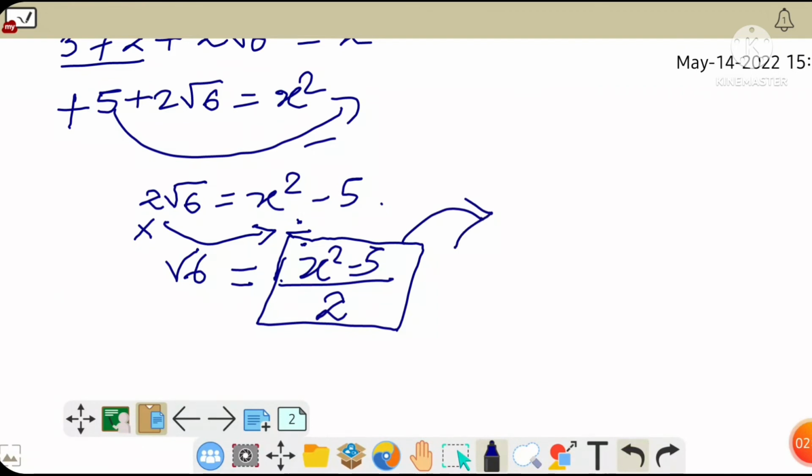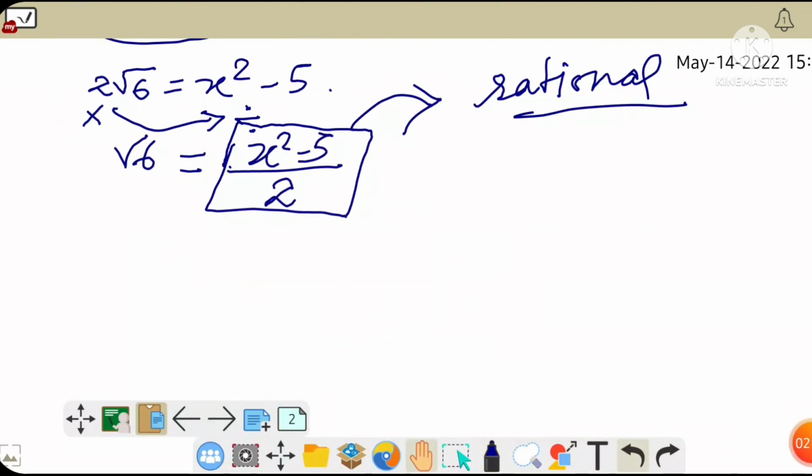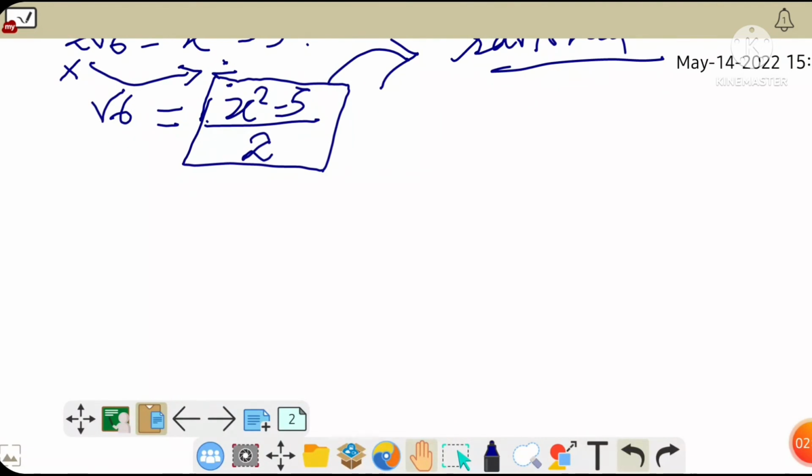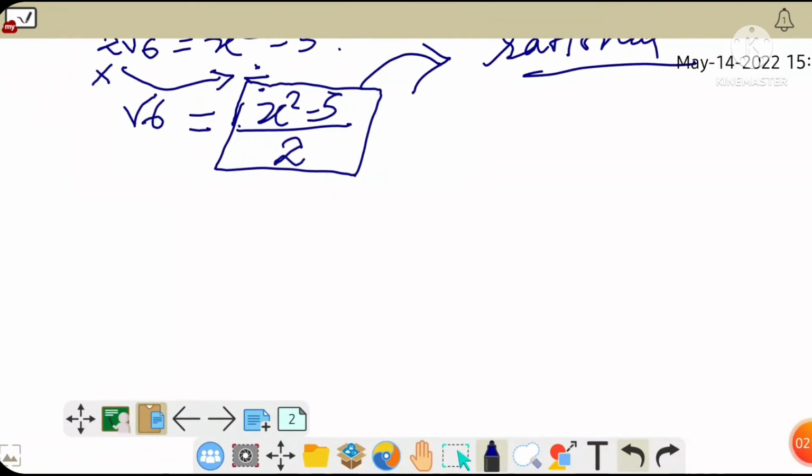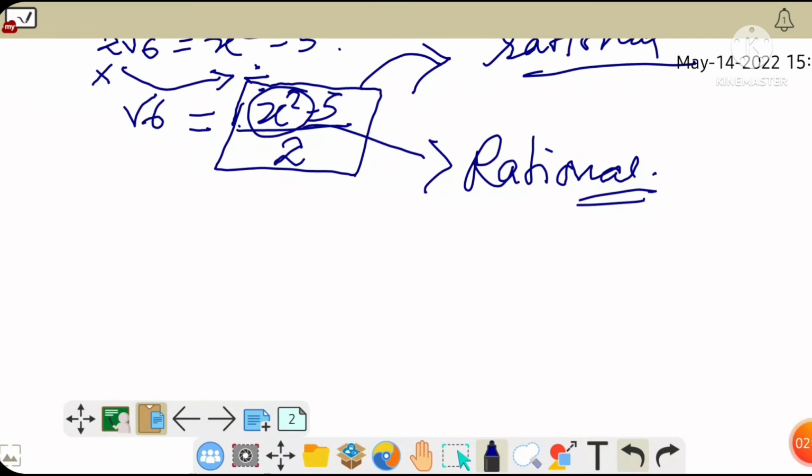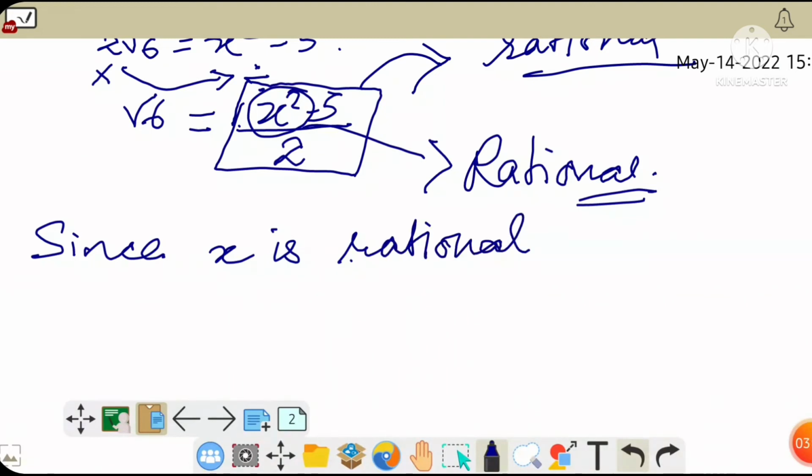Now we have to show that this value is rational, because previously we have taken x as rational. So if x is rational, then the whole thing is rational. So we'll write, since x is a rational number, that means x square minus 5 upon 2 is also rational.